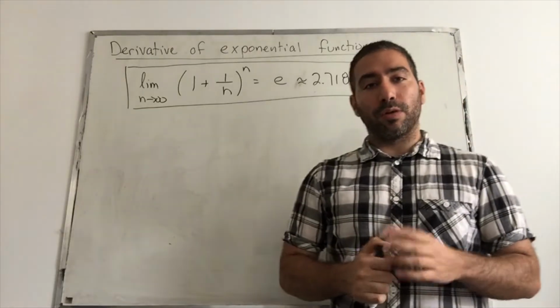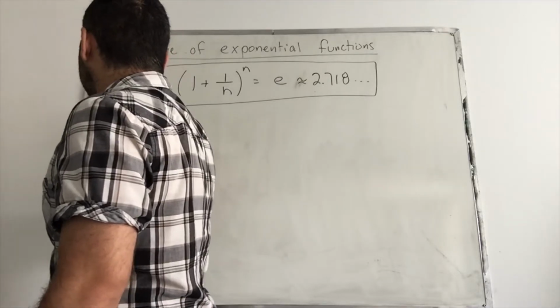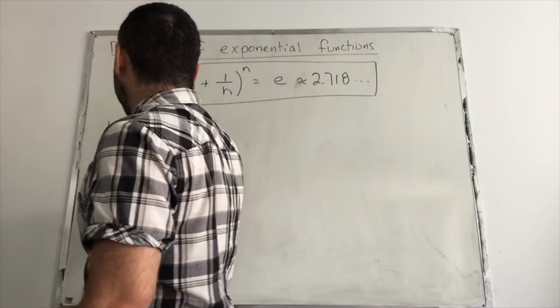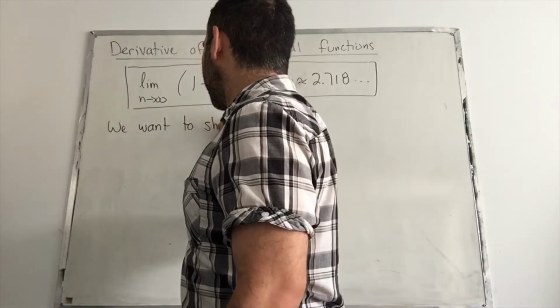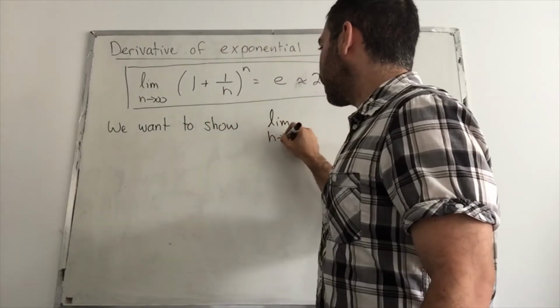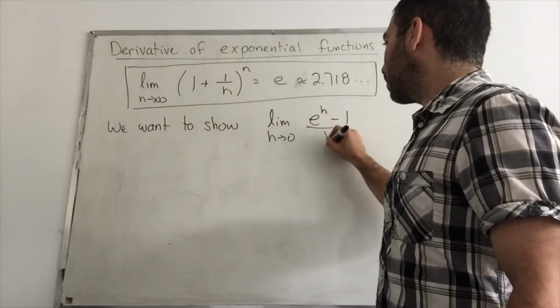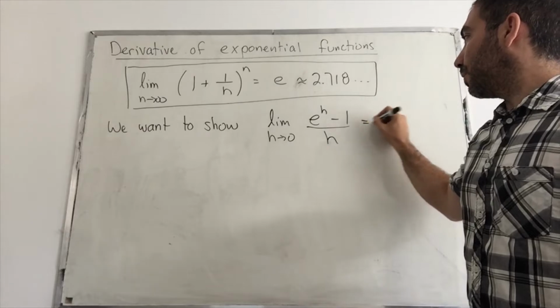The actual limit that we want to prove is the following. We want to show that the limit as h tends to 0 of e to the h minus 1 over h is equal to 1.